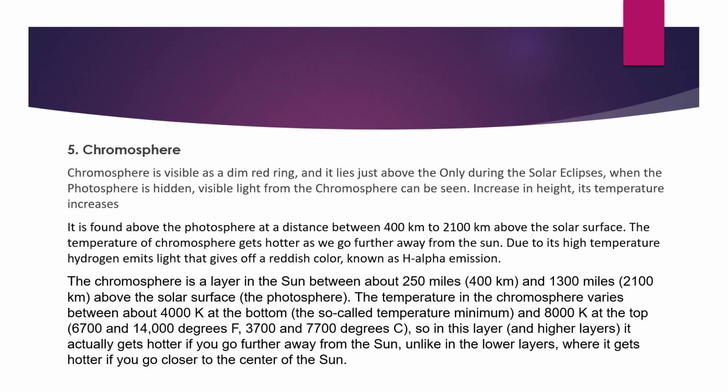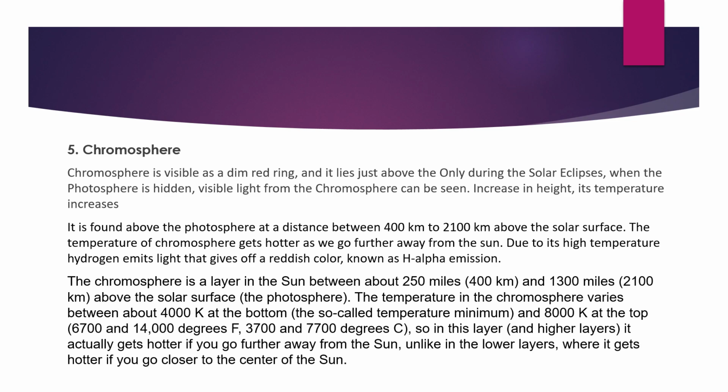The fifth layer is the chromosphere. The chromosphere is visible as a dim red ring just above the photosphere, only during solar eclipses. When the photosphere is hidden, visible light from the chromosphere can be seen. With increase in height, its temperature increases.